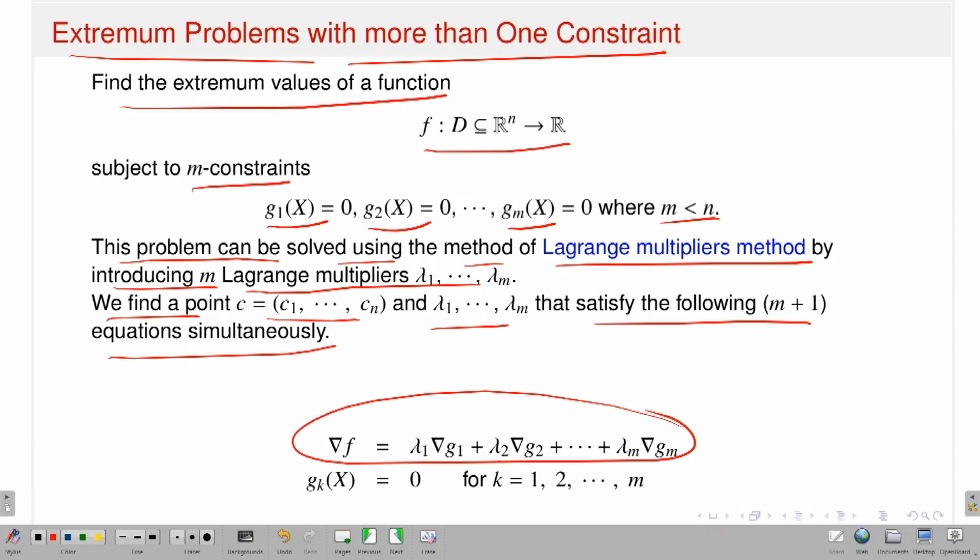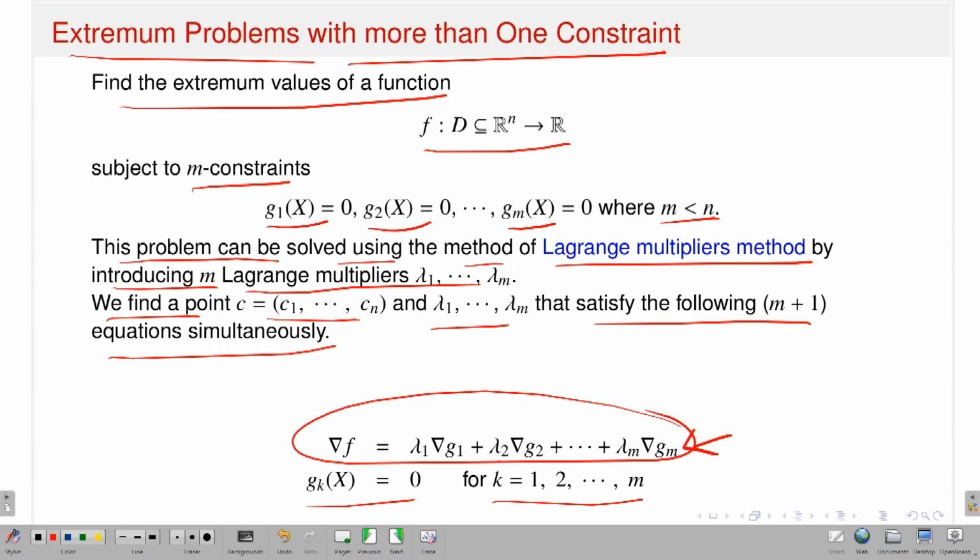Now, if I have m constraints, you have to introduce m Lagrange multipliers and consider the equation gradient of f is equal to lambda 1 gradient of g1 plus lambda 2 gradient of g2 up to lambda m gradient of gm, and you have these constraints, gk(x) is equal to 0, where k is equal to 1 up to m. So, whatever constraints you have, g1, g2, up to gm, plus the equations coming from the gradient equation.